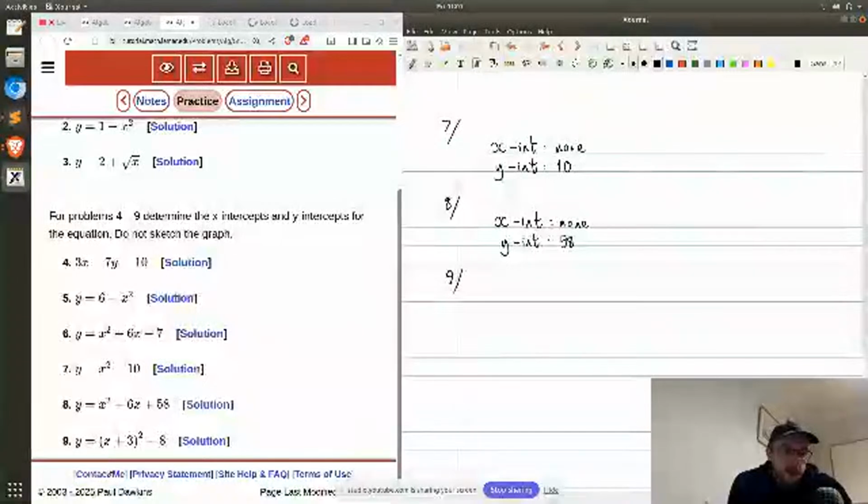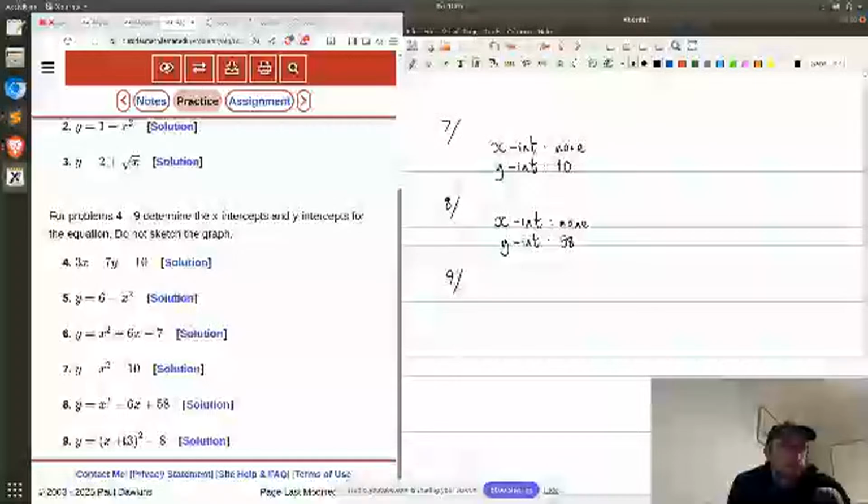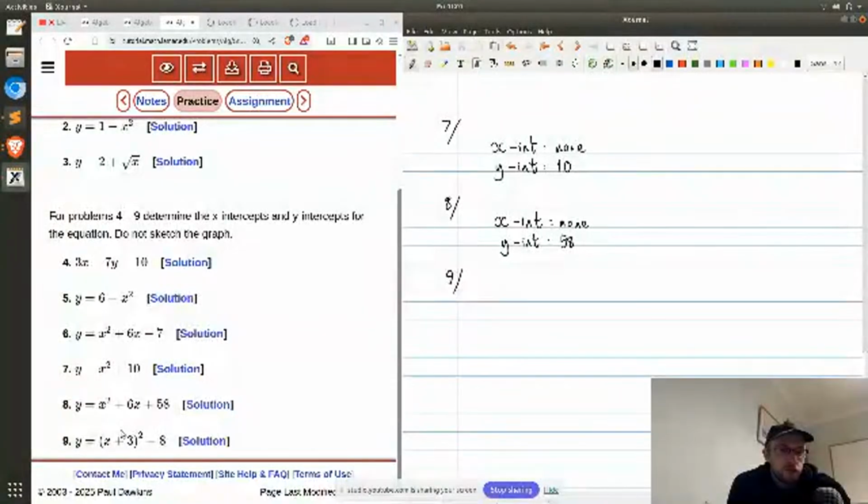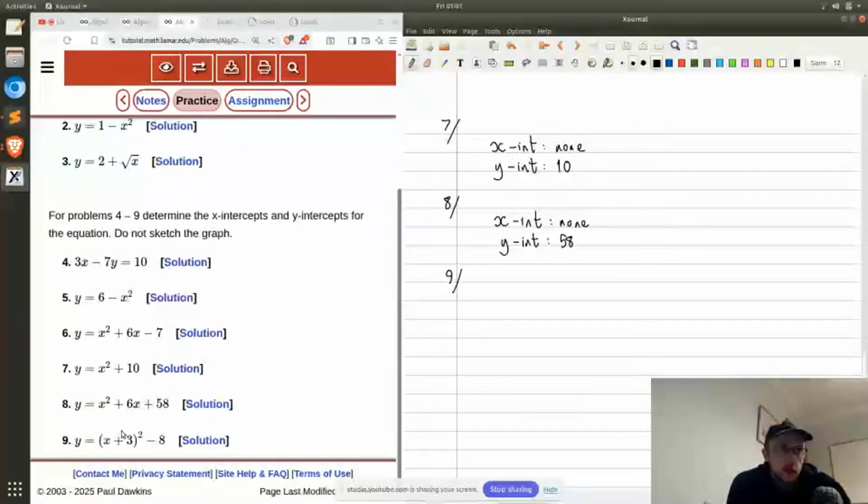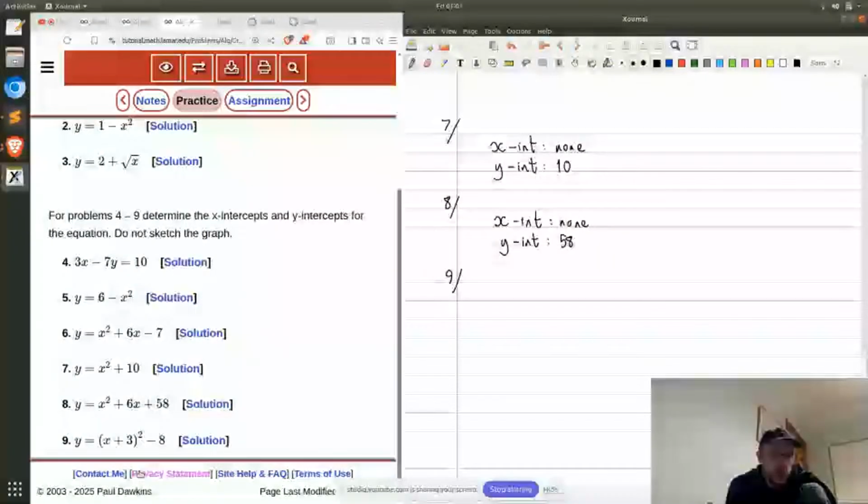Now for this one, this is in completed square form or vertex form, I guess you could call it. Now, what you can do, that's sort of what you may be thinking, but you want to find the x-axis intercepts.